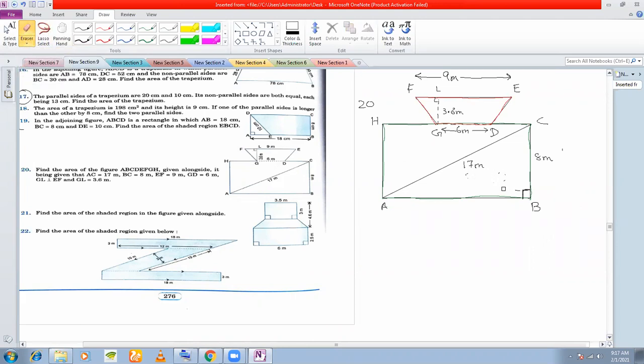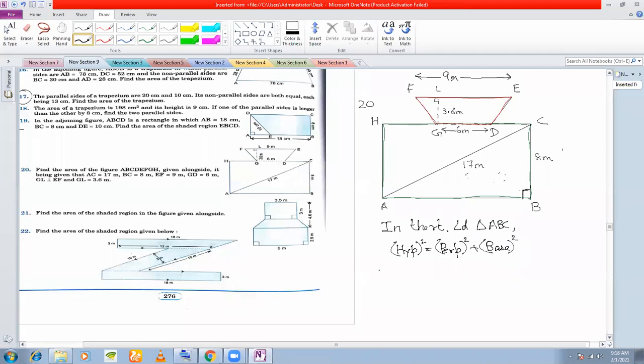So we write, in the right angle triangle ABC, hypotenuse square is equal to perpendicular square plus base square.